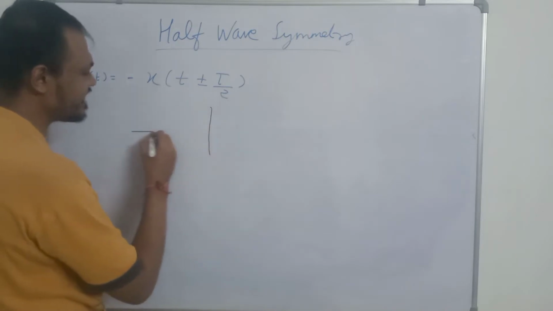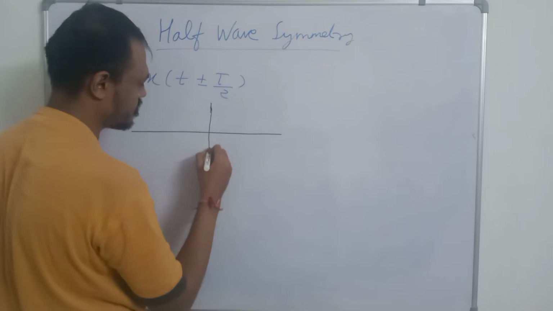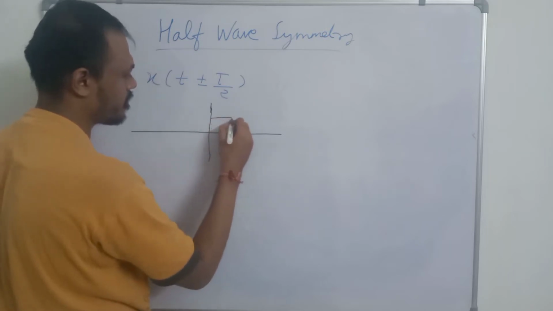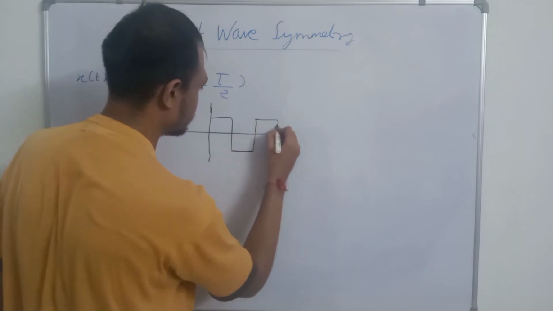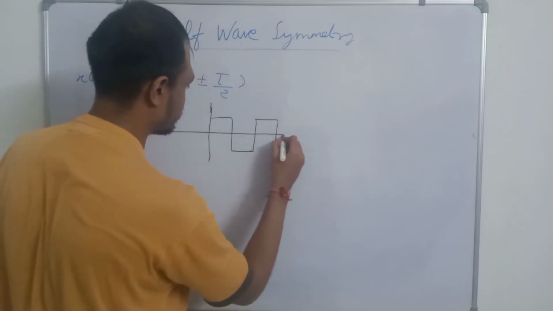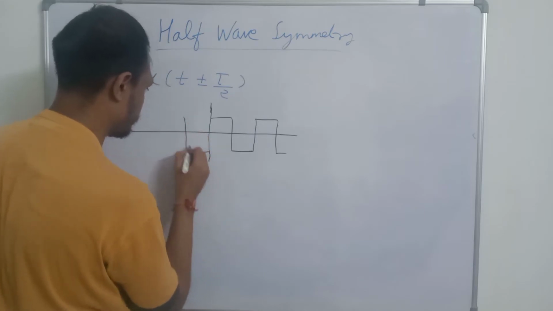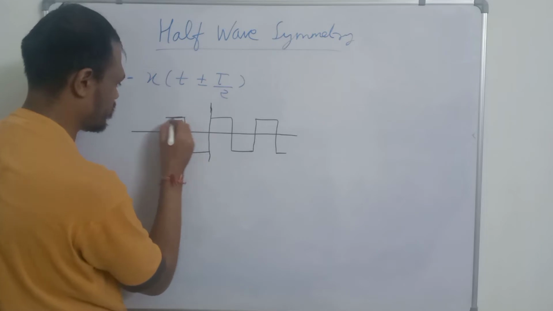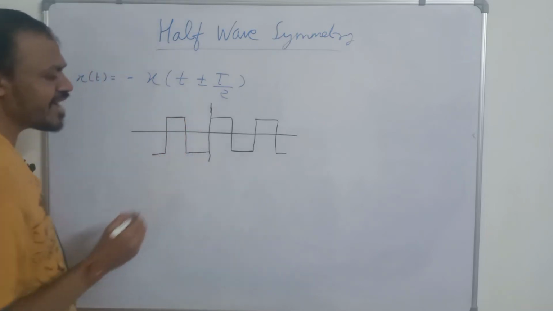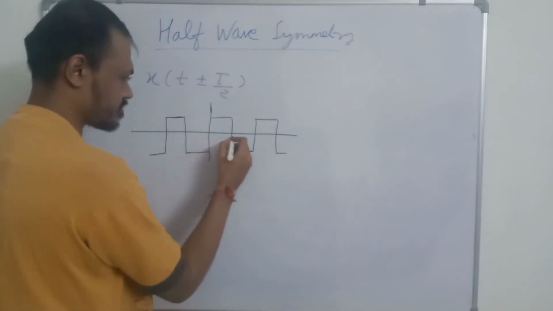So if we have a signal like this, we have to check whether it is half wave symmetric or not.